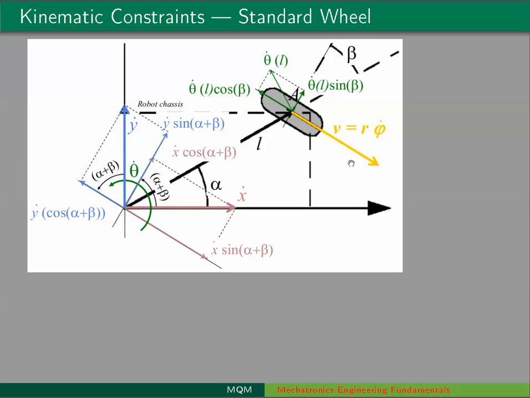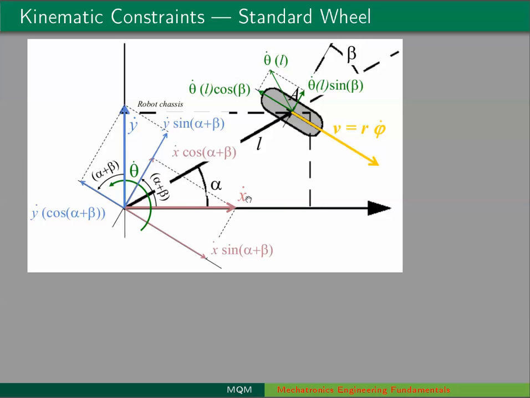This figure shows those velocities. So we have here the velocity in the wheel plane direction is equal to the radius times phi dot. And here we have the velocities in the coordinate frame.